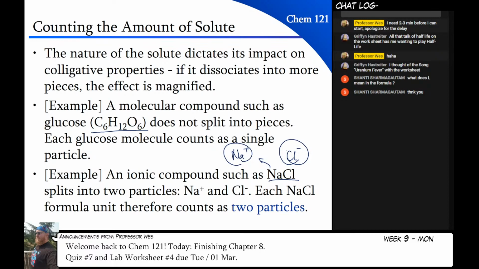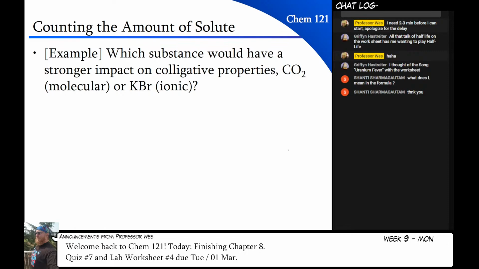So, your textbook may refer to this as the Van 't Hoff factor, or the dissociation factor. Alright, so looking at these, which would have a stronger impact on colligative properties, CO2 or KBr? I've given you a hint. Type in your guess in the chat, and we'll go over the answer in about a minute.